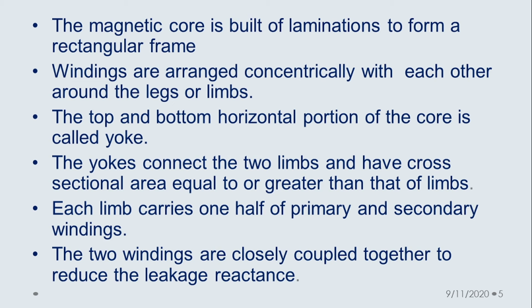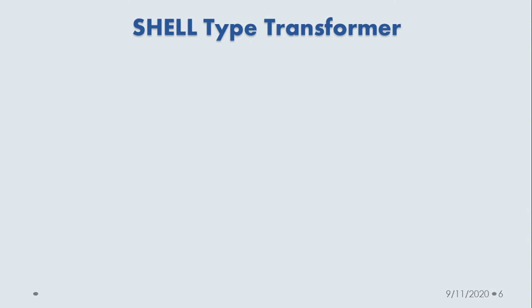But practically it is not possible, so there will be leakage flux. The flux which is not linking the secondary winding is called leakage flux. The reactance formed due to the leakage flux is called leakage reactance. The two windings are closely coupled together to reduce the leakage reactance. That is in the case of the core type transformer.